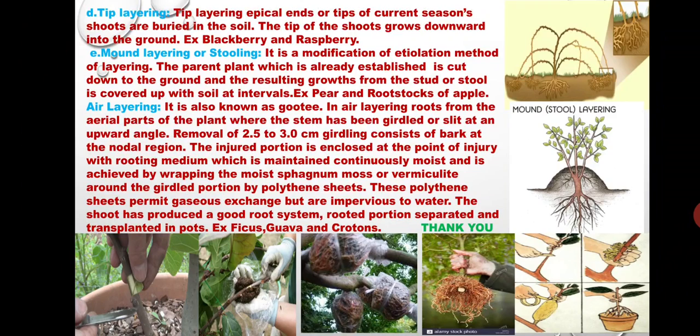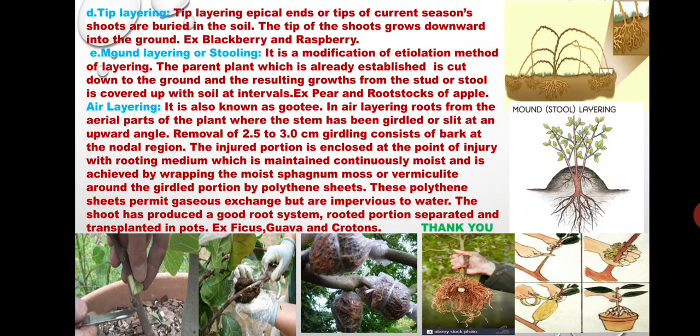The injured portion is enclosed at the point of injury with rooting medium which is maintained continuously moist, achieved by wrapping moist sphagnum moss or vermiculite around the girdled portion with polythene sheets.